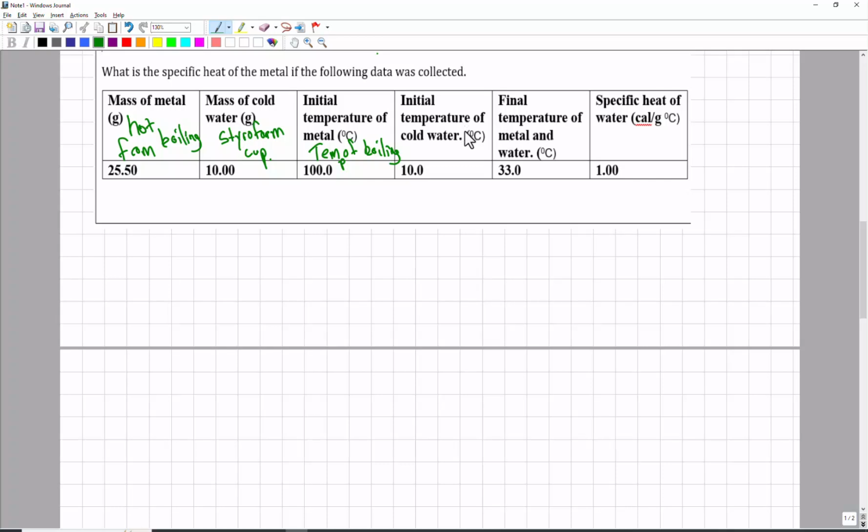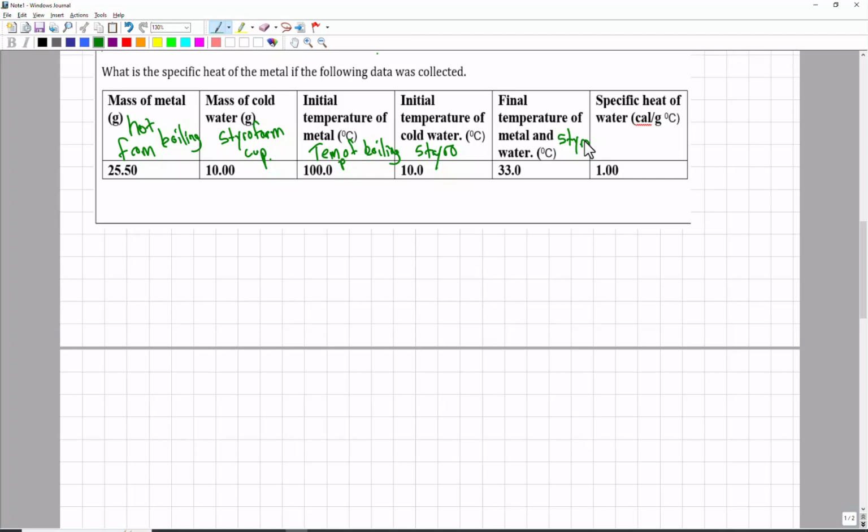And the initial temperature of the cold water, which is in the styrofoam cup. Final temperature of the metal in the water, that's the hottest temperature that it gets. So this, again, is going to be in the styrofoam cup. And then specific heat of water is a constant.